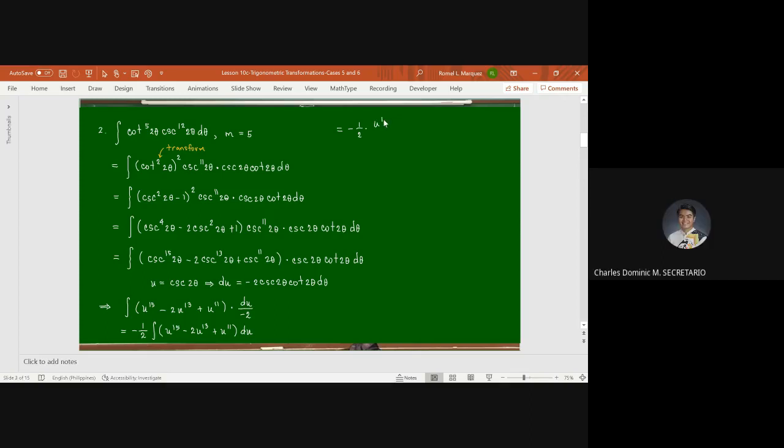U to the 16 over 16. What about the next term? But don't forget to multiply by 1/2, ha? 1/2 times negative 1/2 times negative 2. That is now 1, no? So we just have u to the 14 over 14. Okay, next, minus 1/2 times u to the 12 over 12. Okay, good.